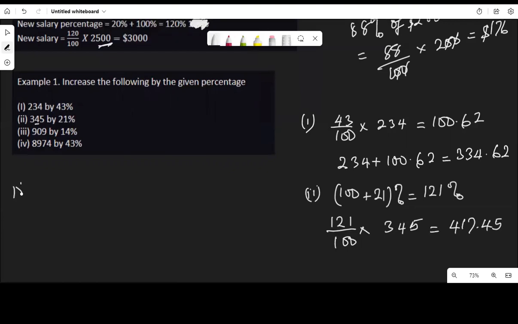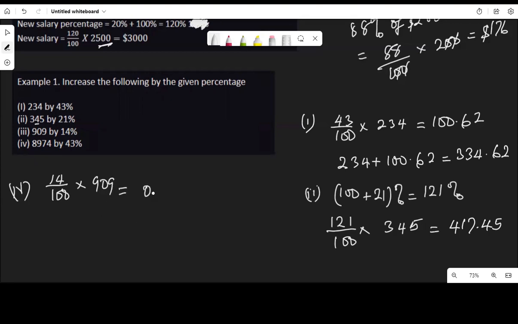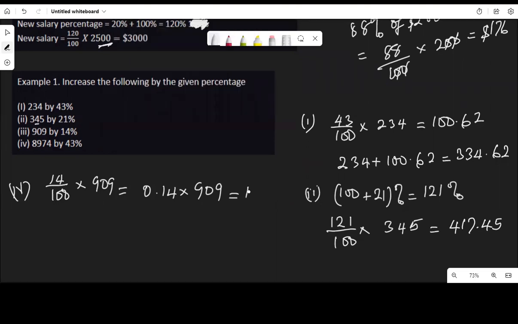Let's move on to 4. For 4, I'm going to calculate the percentage increase separately. 14% is 14 over 100 times 909, which is 0.14 times 909. That is 127.26.